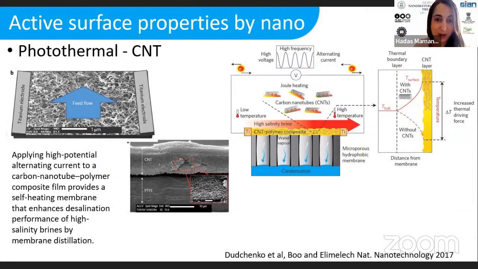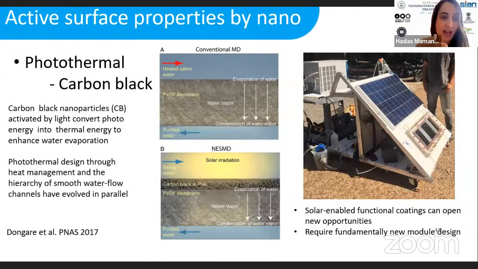Why is it active? Because we are imposing a change, and we are getting some type of reaction. For example, in the previous example, the solar radiation was absorbed by the carbon nanotubes and enhanced evaporation.